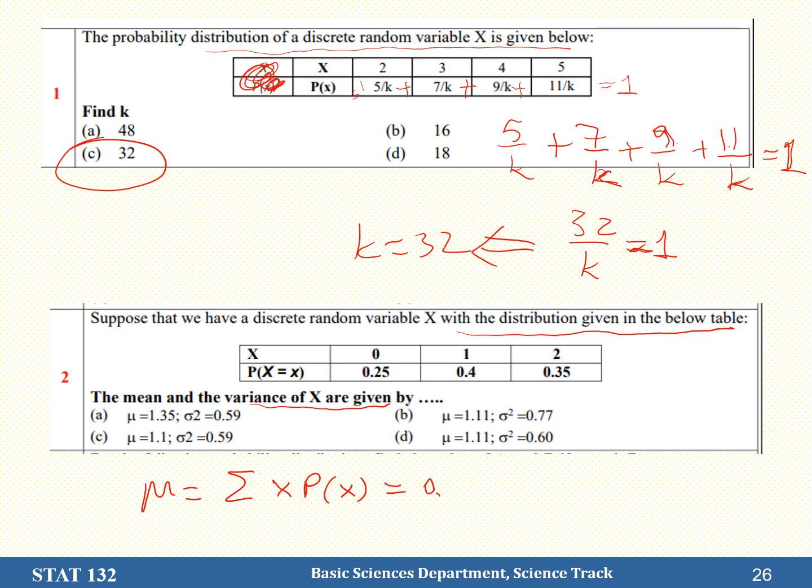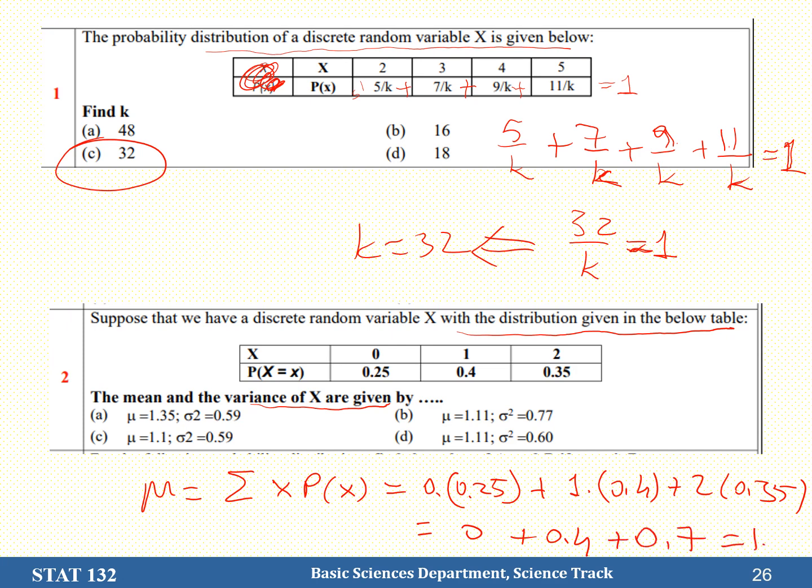Now it will be 0 times 0.25 plus 1 times 0.4 plus 2 times 0.35, which gives us 0 plus 0.4 plus 0.7, which gives you 1.1. So without going too further, we can just say this is the correct answer here.